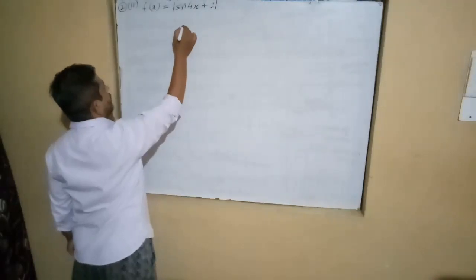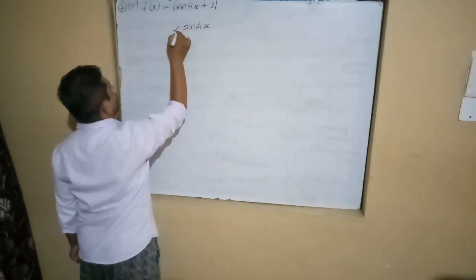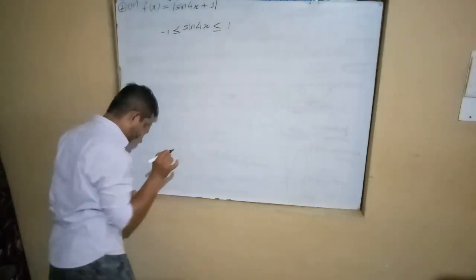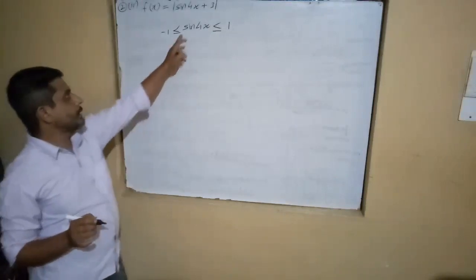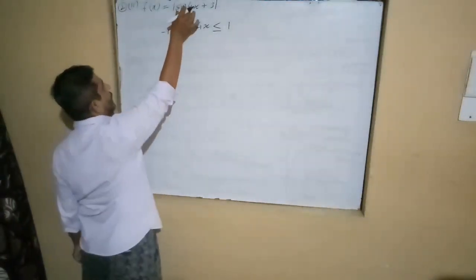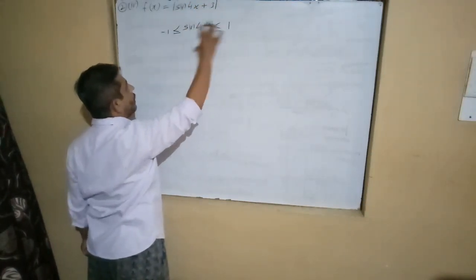Now here, in the last year we read that sin theta is always greater than or equal to -1 and less than or equal to 1. The range of sin theta is -1 to 1. Now here sin 4x is added with 3, so we add 3 on all sides.